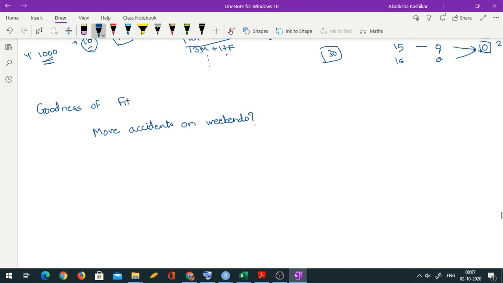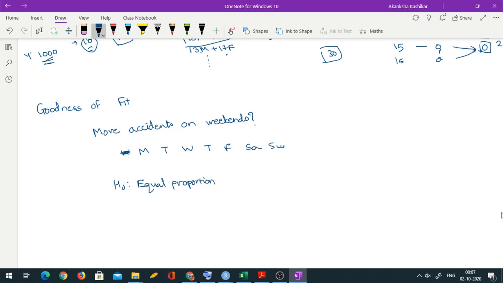So ideally, if you consider any weekday, so let us say Monday, Tuesday, Wednesday, Thursday, Friday, Saturday and Sunday. So ideally my H0 would be, we have equal proportion of accidents on weekdays and weekends.